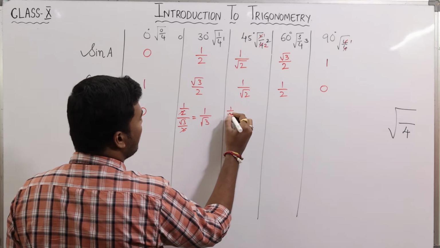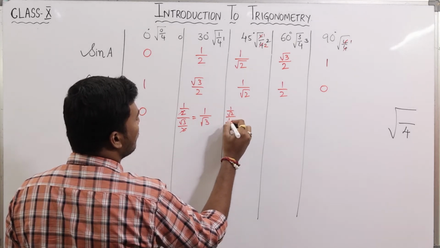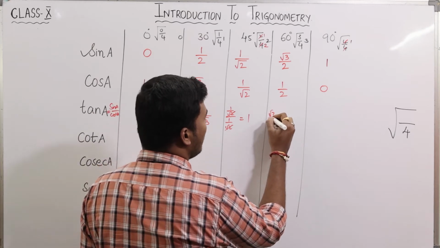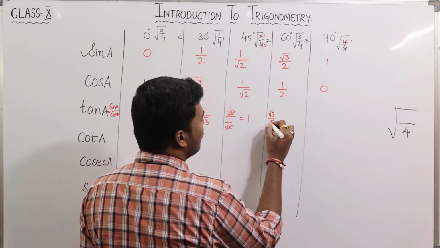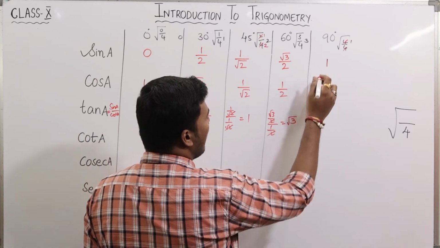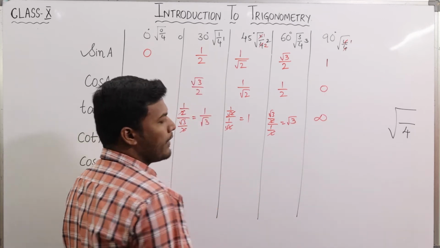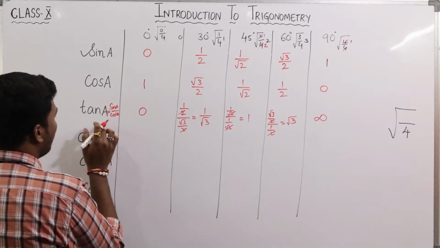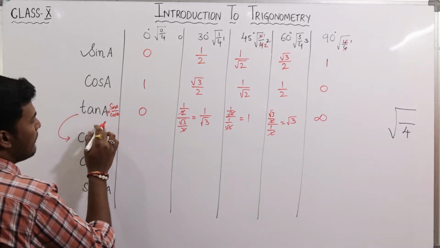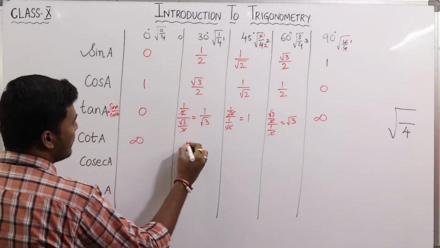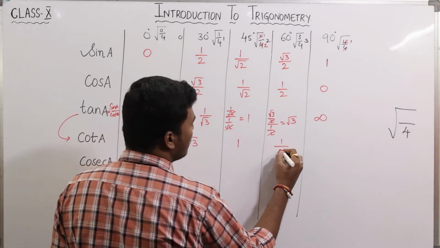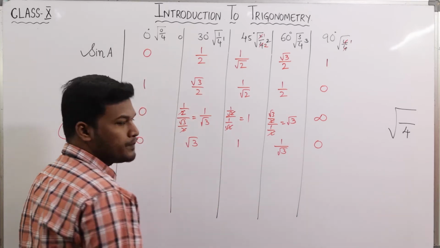And next 1 by root 2 by 1 by root 2, root 2 gets cancelled, 1. Next root 3 by 2 by 1 by 2, 2 gets cancelled, root 3. And 1 by 0 is not defined. If you reverse the tan values, we will get the cot values: infinity, root 3, 1, 1 by root 3 and 0.